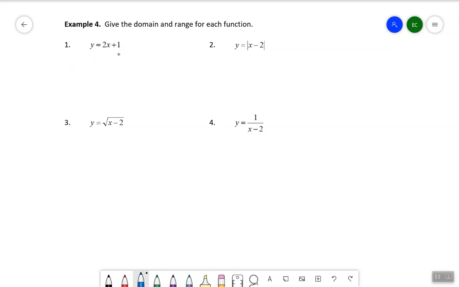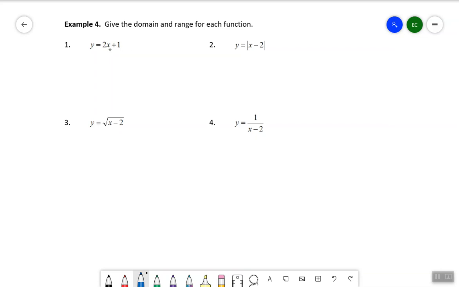This is a linear function, similar to the linear equations that we solved in chapter 1. Notice we just have x to the first power. So a linear function. If we want the domain, we're asking what are all the possible x values? Well, let's think about it.